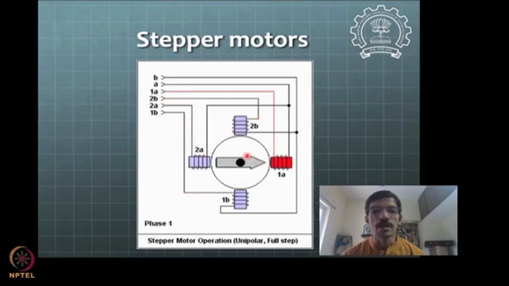Then if you see, if you want only half of this step to be happening, what can we do? Can you think about it?